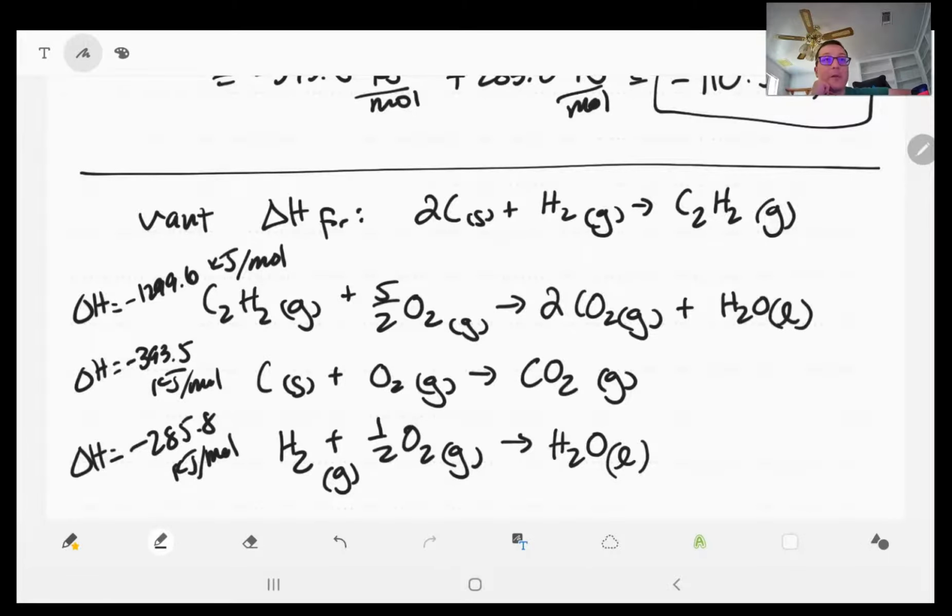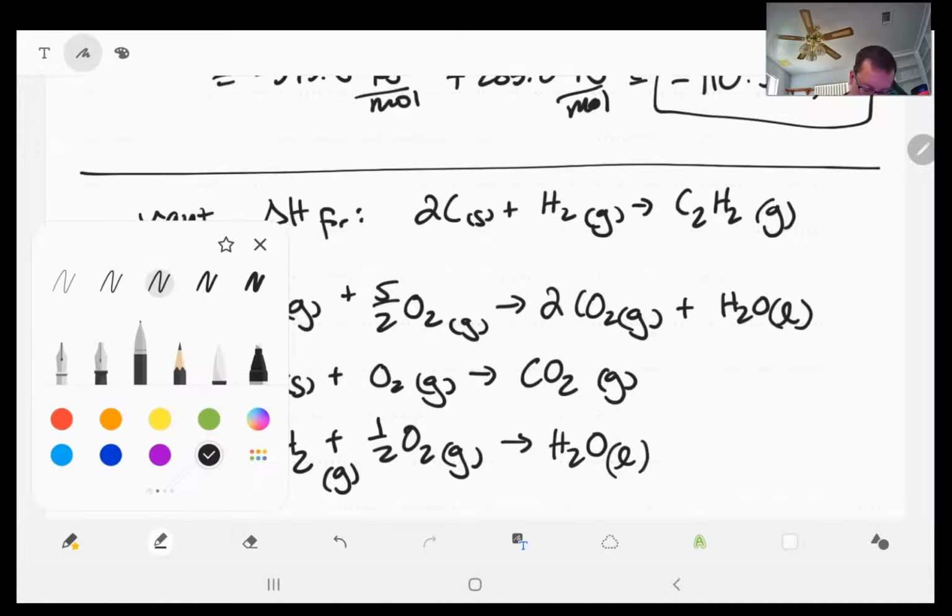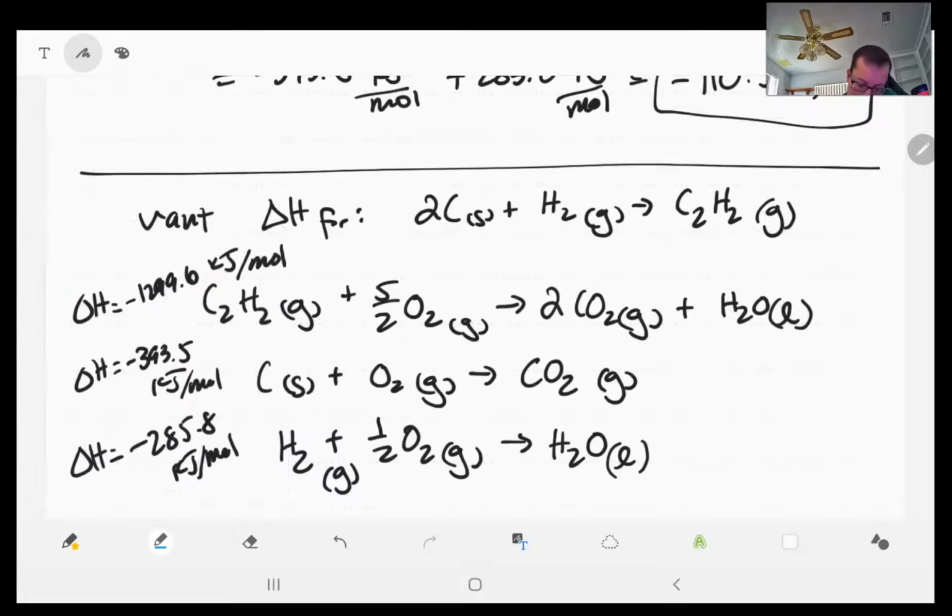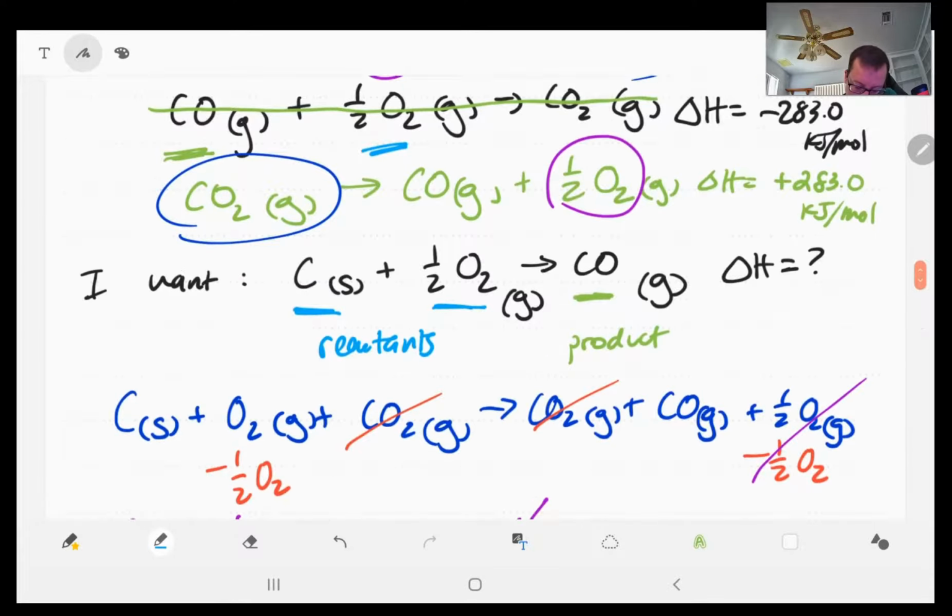So, another thing, remember, 3 reactions this time. A good thing to do is identify in our given reactions what we need on the product side, what we need on the reactant side. So I'm going to use again the same colors. I use blue for reactants.